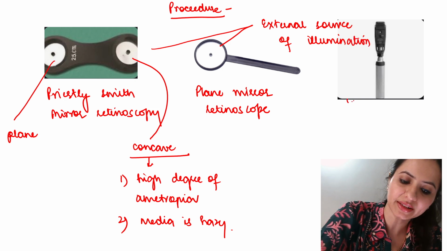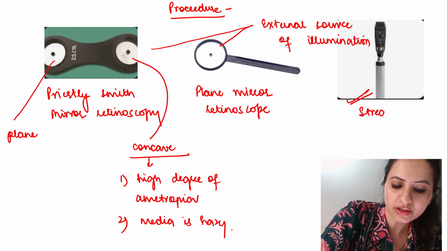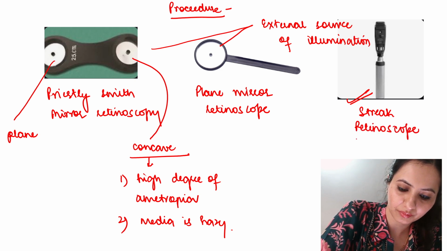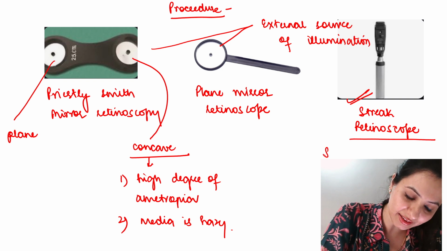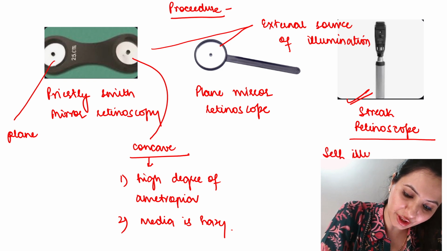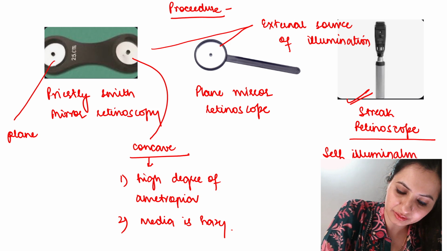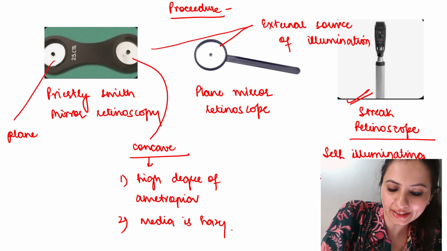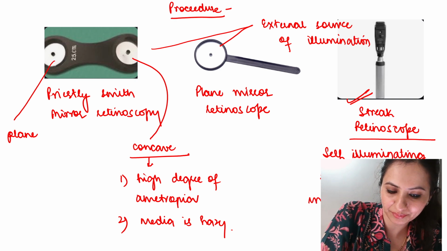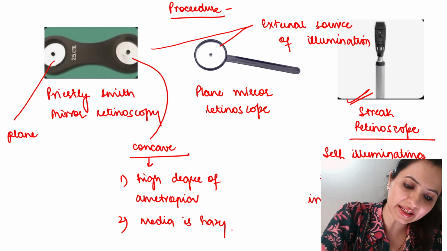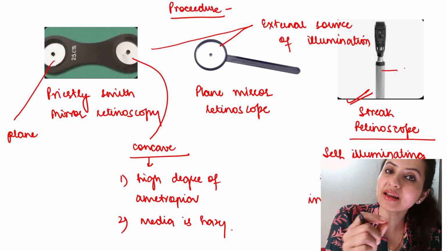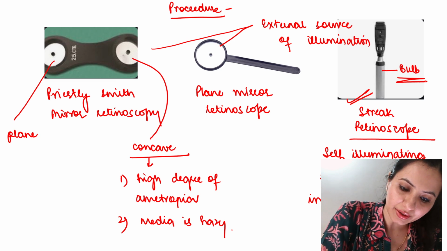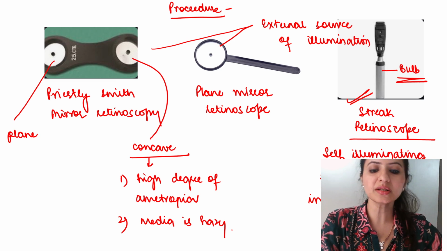However, if we look at this image, this is a streak retinoscope and it has a self-illuminating source of light inside it. So basically here there is a self inbuilt bulb inside this retinoscope.